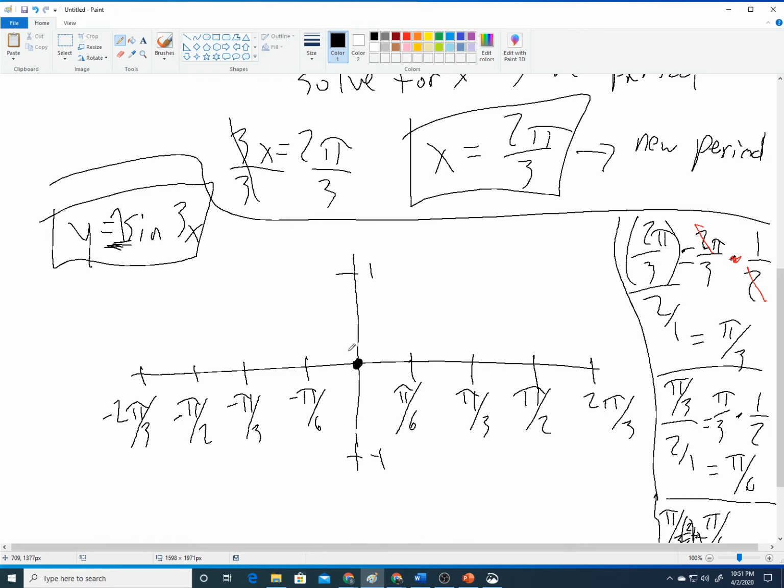And then just the simple reality is, unless I had a negative and I'm flipped upside down, which I don't, I just alternate between 0, maximum, 0, minimum, 0. And once I have that pattern established, I repeat it on the other side.